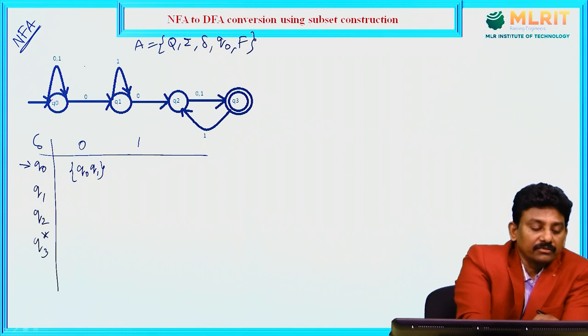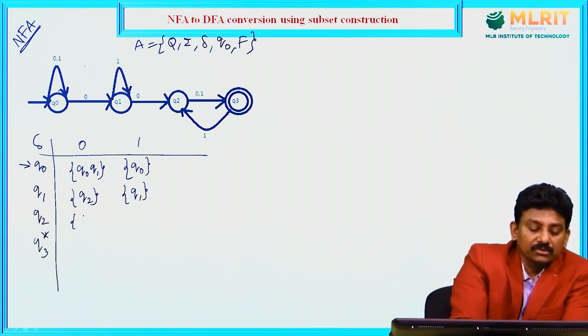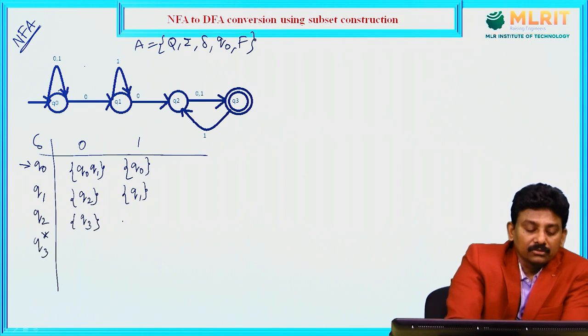Q0 on 0 going to Q0, Q1. So, from Q0 for input 0 going to Q0 as well as going to Q1. Next, Q0 on 1 going to Q0. Next, Q1 on 0 going to Q2, Q1 on 1 going to Q1. Next, Q2 on 0 going to Q3, Q2 on 1 going to Q3, same state.